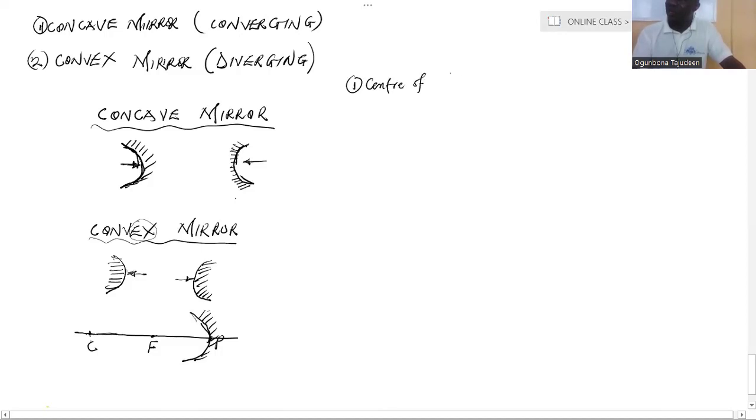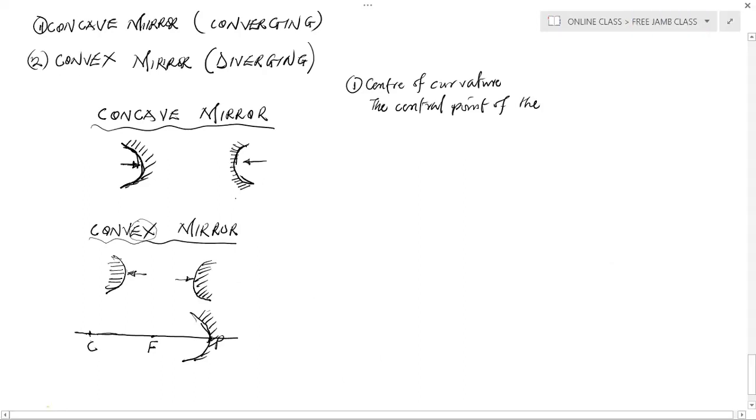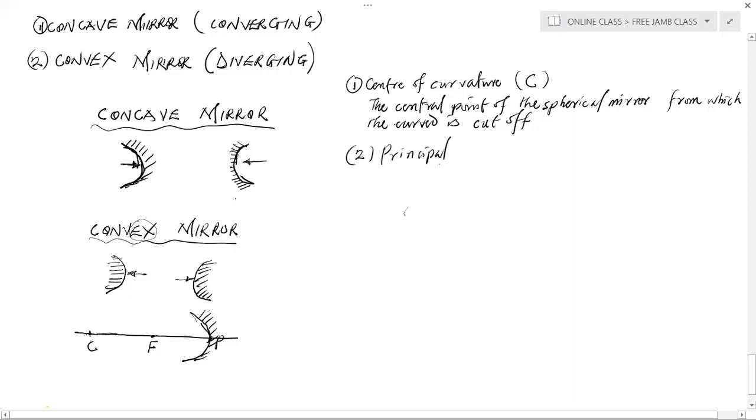Center of curvature can be defined as the central point of the spherical mirror from which the curved mirror is cut off. And number 2 there is principal focus.